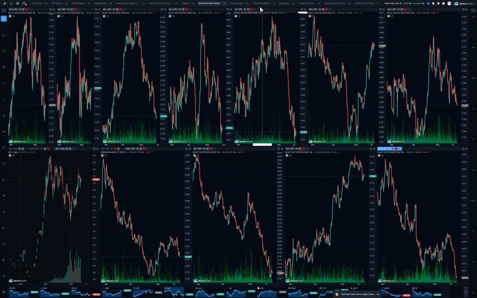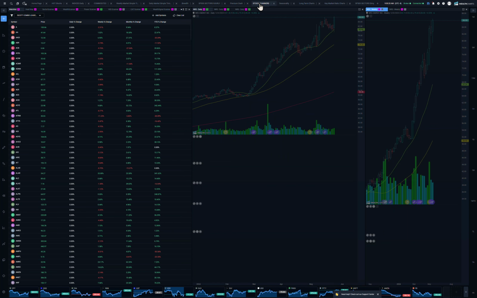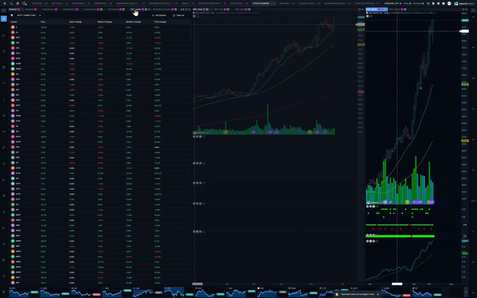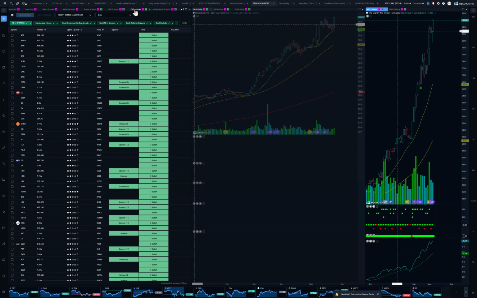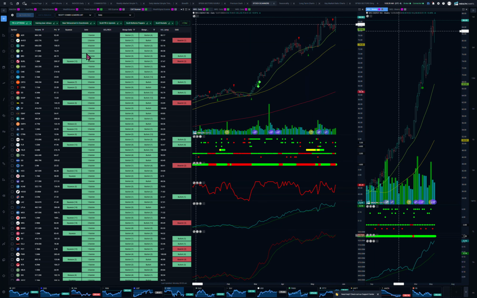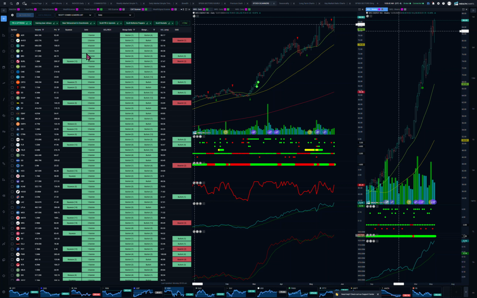If I go to the stock scanners, this is where I use my tools. My CAT scanner right here allows me to scan for squeeze, dots, how many dots, green candle lows, red candle highs, my bongos and how many days they've been in place, high-low jump.